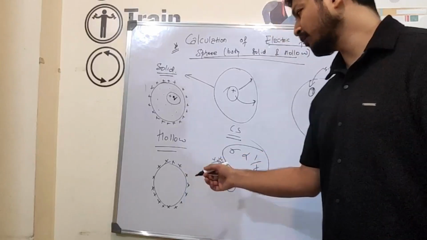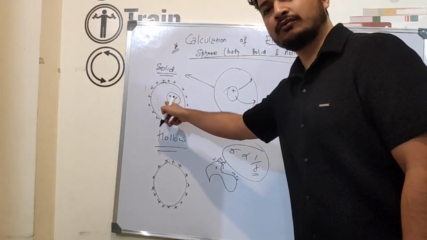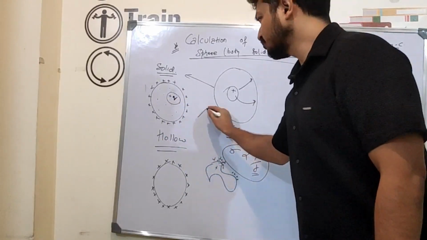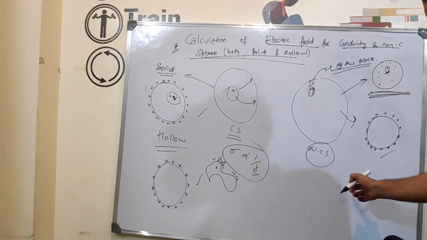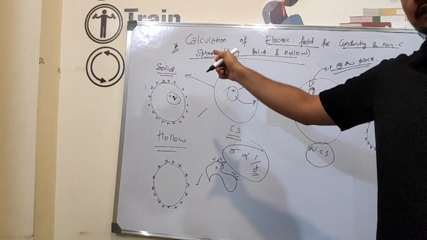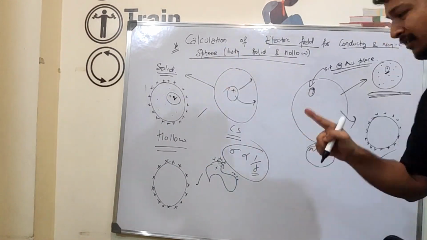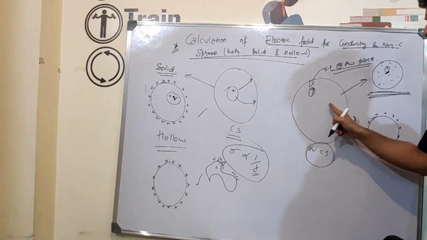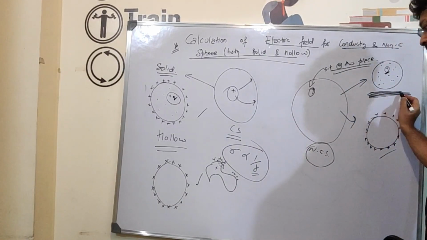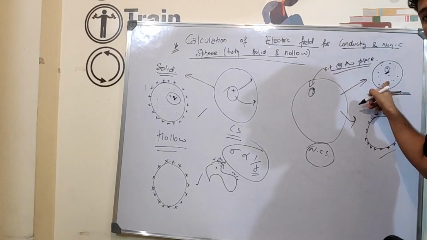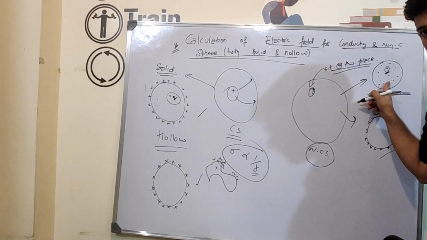Because you can see the charge distribution for the conducting sphere, this one, and this one, all three of them will be sitting at the surface. Only in the case of a solid non-conducting sphere can we see that charges will be inside the volume also.